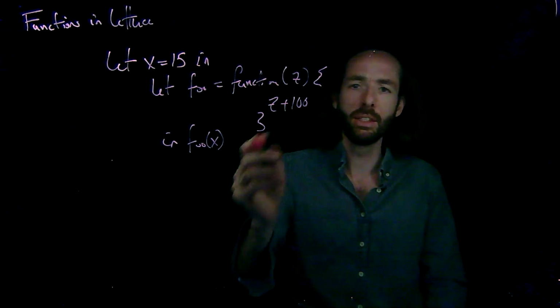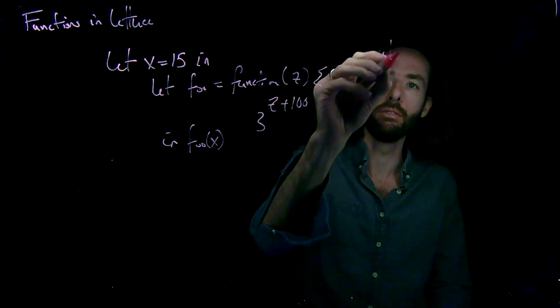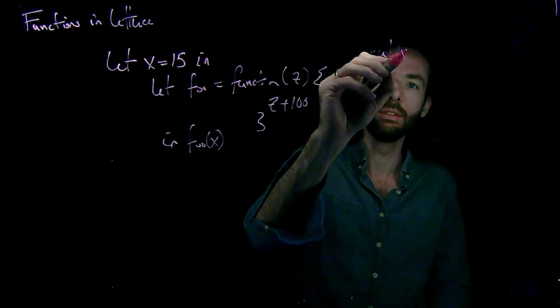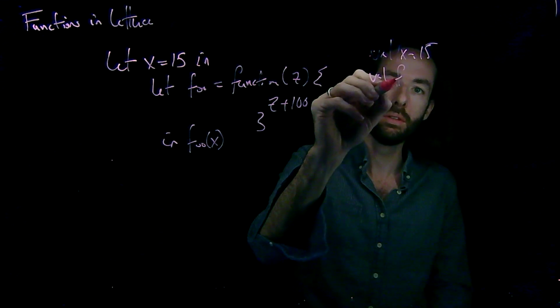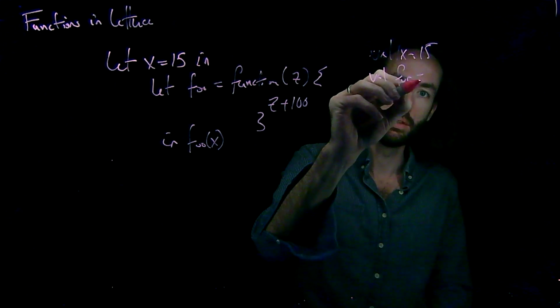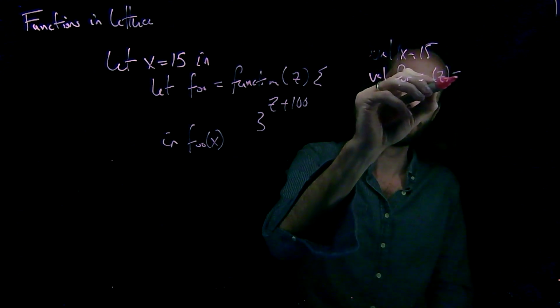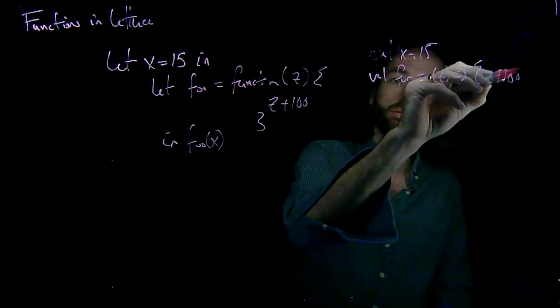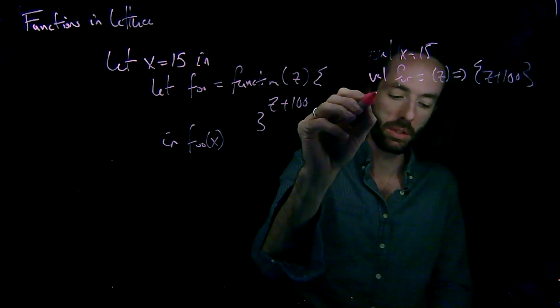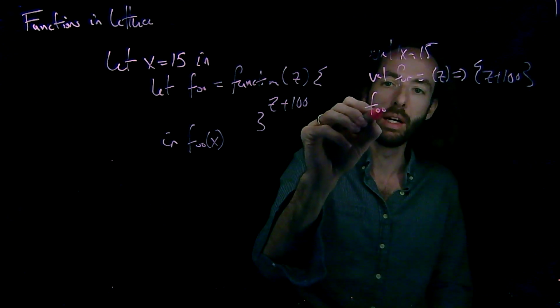Right, if we wanted to translate this into Scala, we'd have something like val x is equal to 15. Val foo is equal to this anonymous function. And then we would just call foo of x.